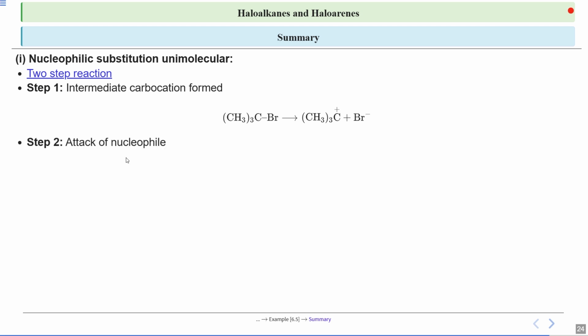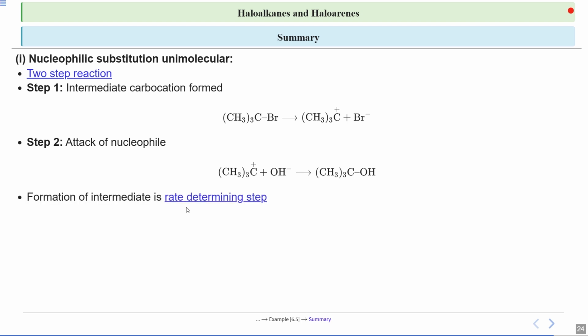Step 2 involves the attack of the nucleophile on the carbocation formed, giving you the final product, here an alcohol.